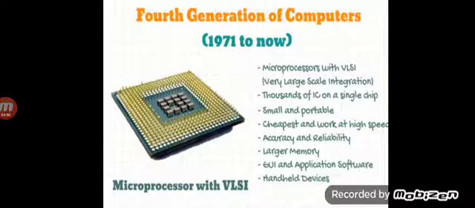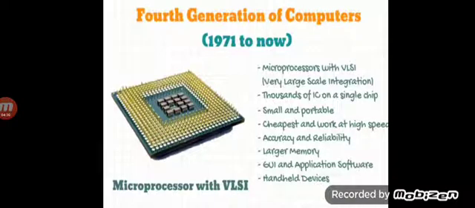The fourth generation computers started nearly in 1971 with the advent of the microprocessor, which used VLSI, that is very large scale integration technology, to have thousands of ICs, that is integrated circuits, on a single silicon chip. This made the computer smaller and portable. Portable means you can easily lift it up and shift it from one place to another, right?